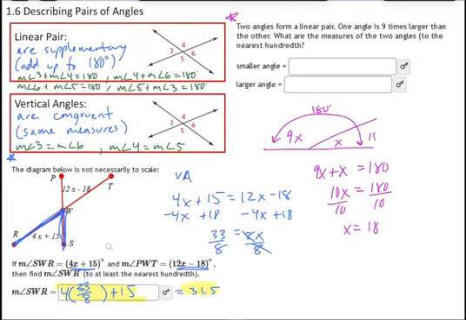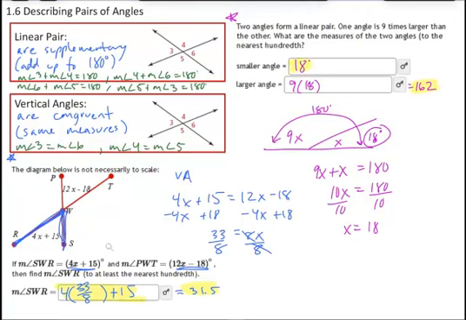So our smaller angle, we've got to go back in and plug that in. x is just the smaller angle, so 18. And then the larger angle is going to be 9 times that. You can either enter your answer as the calculated value, or if you think of this, 9 times 10 is 90. 9 times 8 is 72. 90 plus 72 is 162. And so those would be your answers.